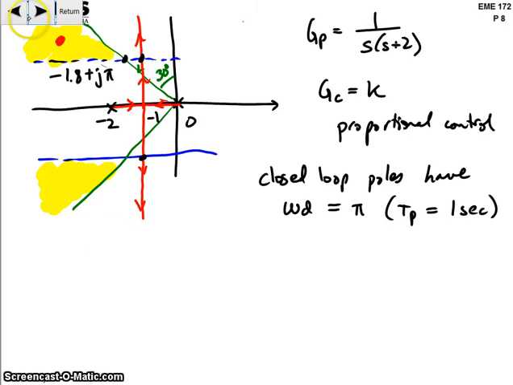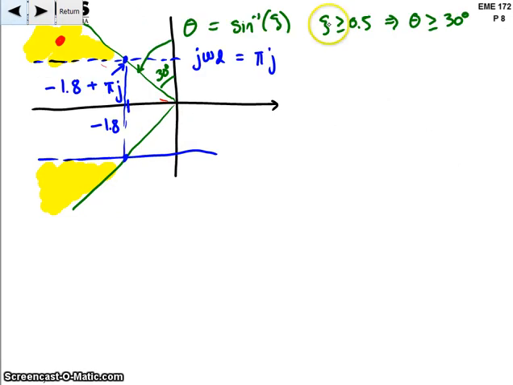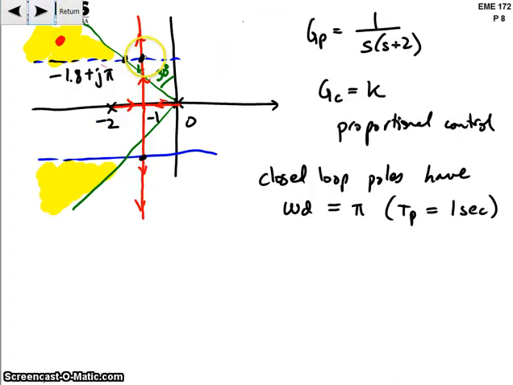So if I look back to the previous slide, the formula I used is that this angle theta is the arc sine of the damping ratio. And so similarly, I could calculate that if I know this point here, right?